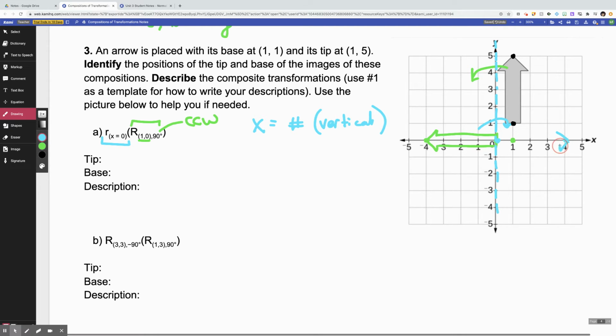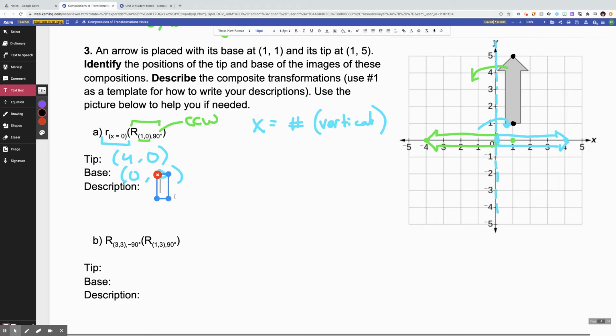Okay, so my final arrow would look, ooh, terribly drawn by me. Okay, but my final arrow would look something like this. So the tip of my arrow is at the point 4, 0. Okay, and the base is at the origin, the point 0, 0. Okay, and then if I was to write a description of this, or an interpretation, I'm going to write it underneath because I'm running out of space.